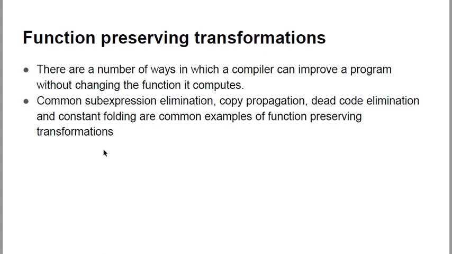In function preserving transformations, we have a number of ways in which a compiler can improve a program without changing the function it is computing. Some of the common function preserving transformations are common sub-expression elimination, copy propagation, and dead code elimination.